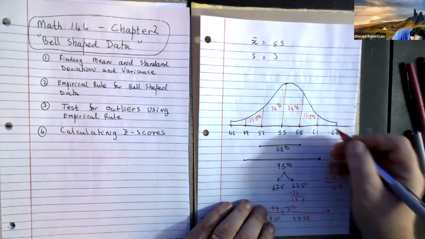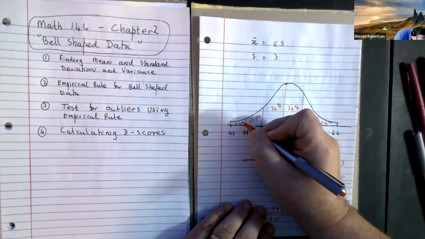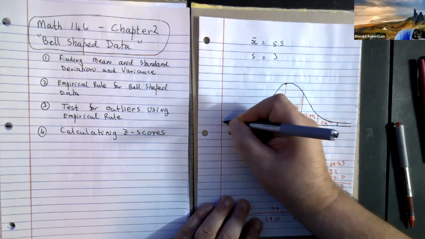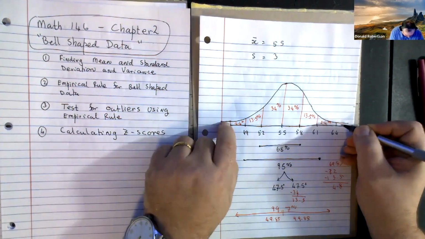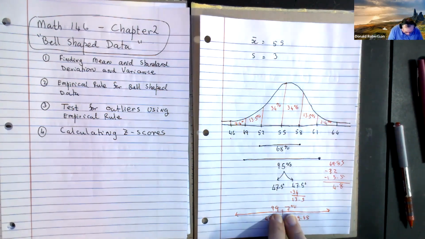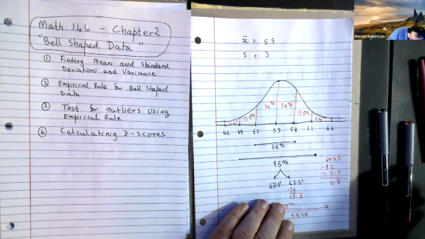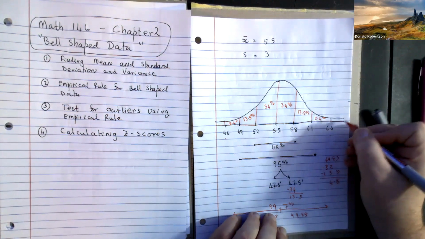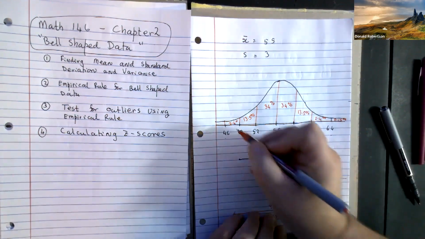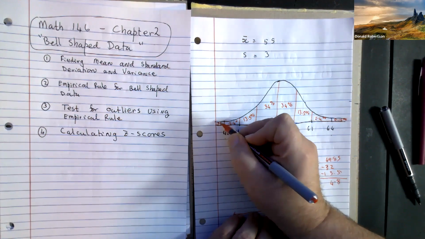Then you split it into 2, so 2.4%, 2.4%. And then there's a tiny little piece left over on either side. I know that this is 99.7, so that's 0.3% split equally. So right at the end, you get half of 0.3, which is 0.15%, and over here, 0.15%.